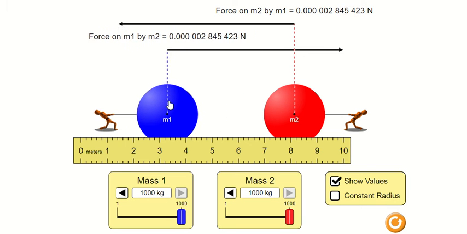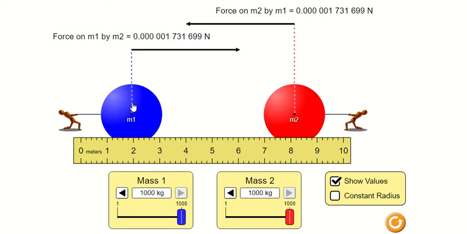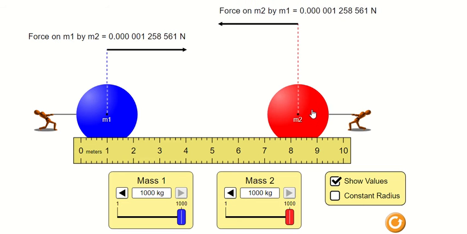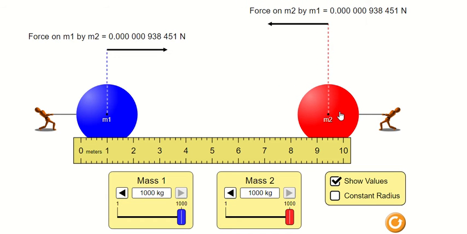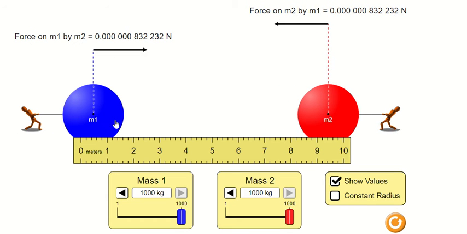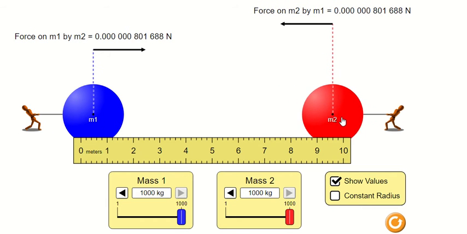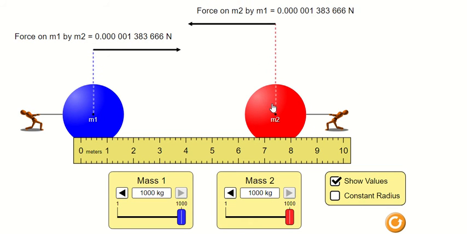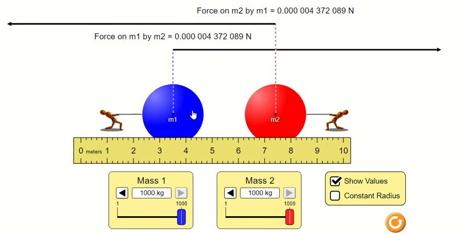If I increase the distance between them, the force decreases, also faster. But still, the force on mass 1 due to mass 2, and the force on mass 2 due to mass 1, remain the same as each other.